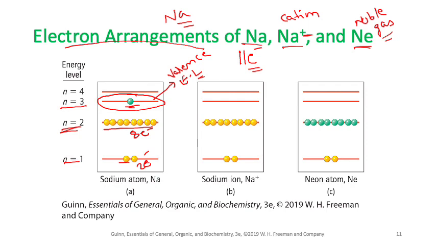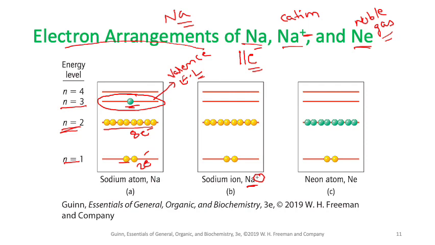Now let's go to the Na plus. So this is the electronic arrangement for Na plus over here. So now, the time you're seeing a positive charge, that means the valence electron, this 1, is already being donated by the sodium. So which electron did sodium donate? The last electron, the valence electron.